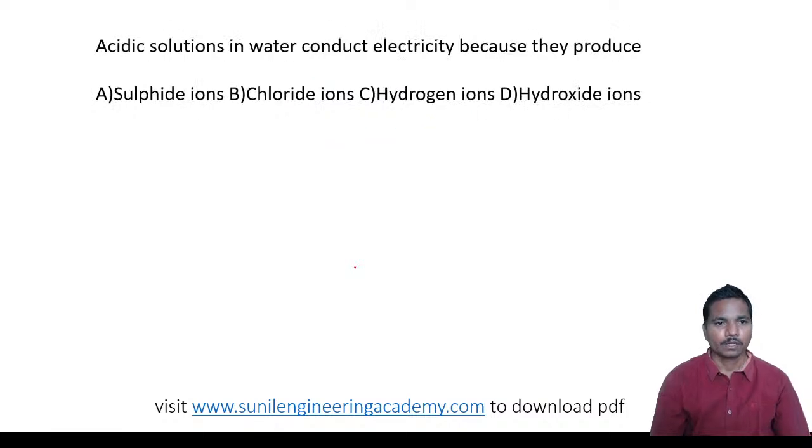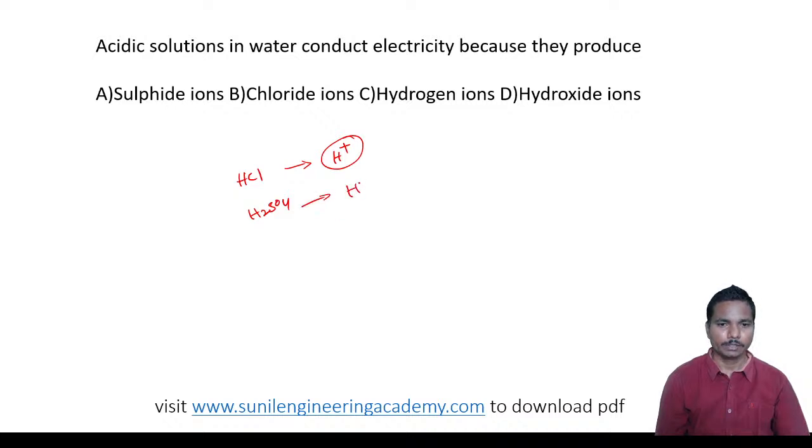Acidic solutions in water conduct electricity because they produce dash. Let us take any one acid, HCl or H2SO4. In water it forms H plus.